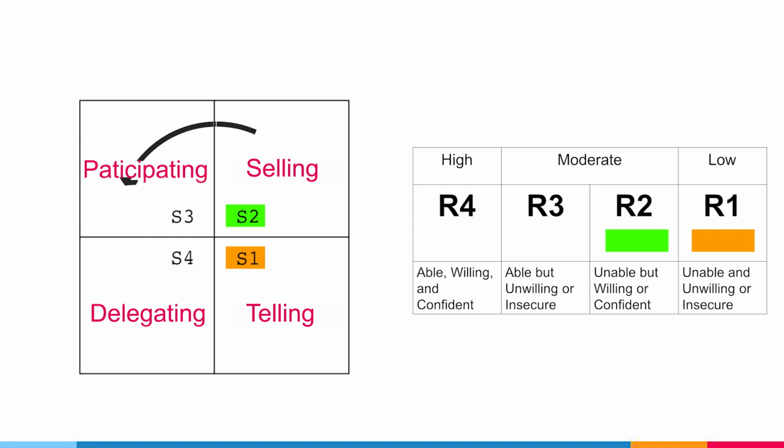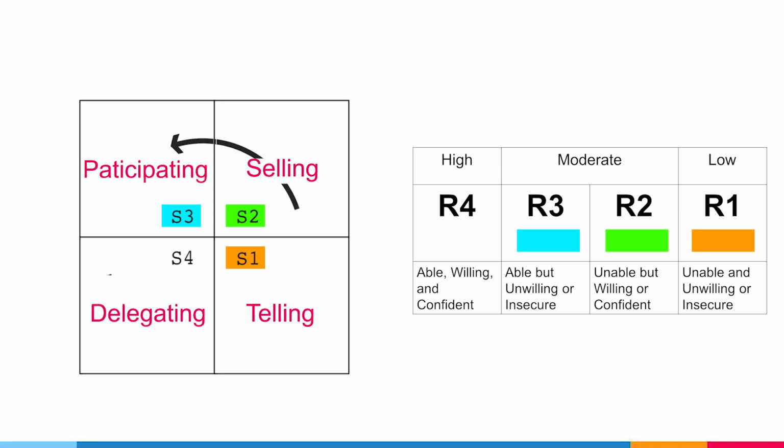A participating style is high in relationship behaviors and low in task behaviors. This style, S3, is preferred for followers who are able but are unwilling and not confident about their abilities concerning a task. These are followers that are at the R3 level of readiness.